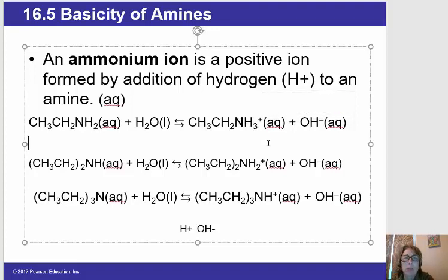Now, we are going to have to pay attention to charge as we look at acid-base reactions. On the left-hand side of the equation, our overall charge is 0, and on the right-hand side, our overall charge is 0 as well. The charges don't have to be 0 on each side of the arrow, but they do have to be the same on each side of the arrow.